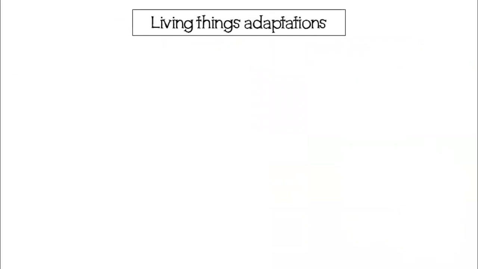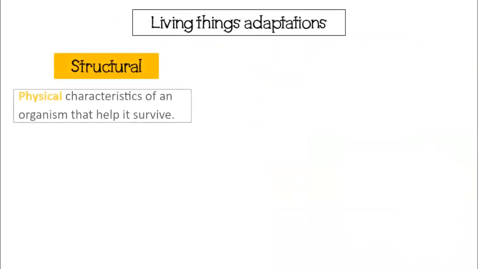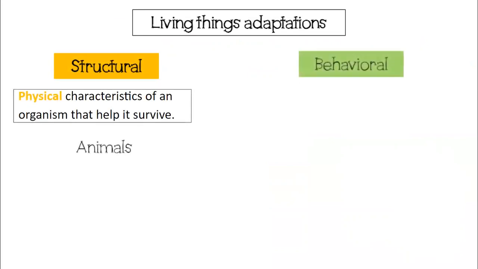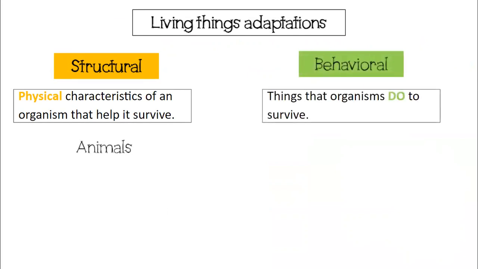So let's recap. Living things adaptations can be structural, that's the physical characteristics, or behavioral, that are the things that organisms do to survive. So, examples for animals.